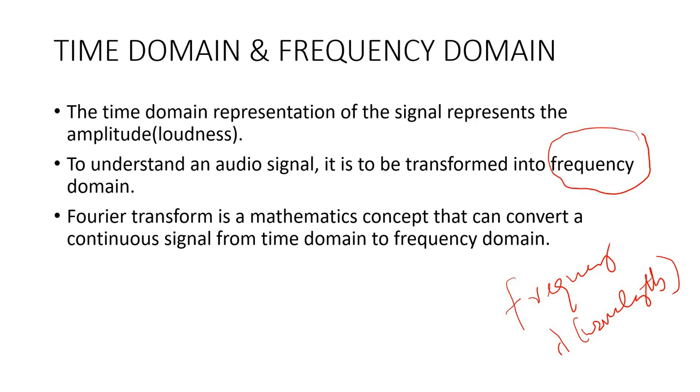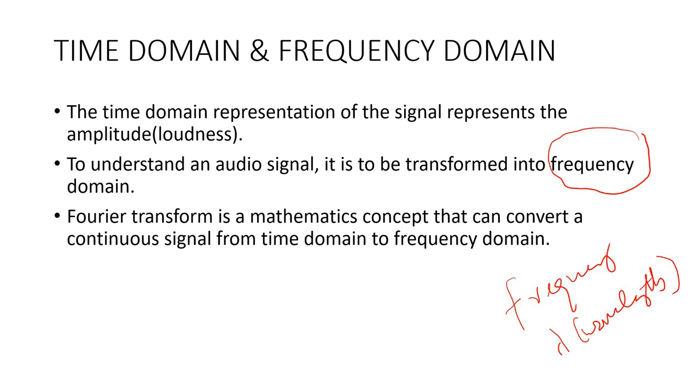For example, a high frequency wave means it's a high energy wave. A specific wave, like ultraviolet, has a specific frequency and wavelength. So the characteristics of a wave are determined by its frequency. So to understand an audio signal completely, we need to transform the time domain into the frequency domain.